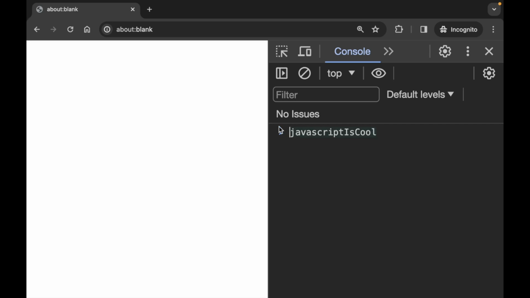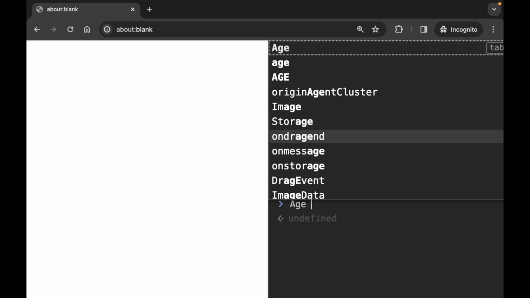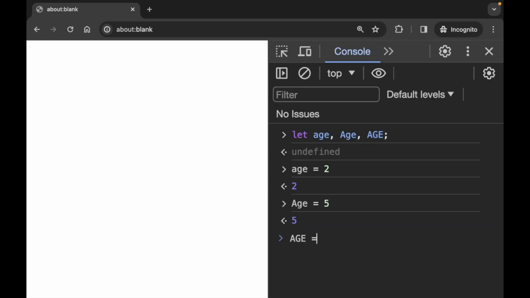Now, another thing that we should know is that age, Age, and AGE, all of these variables are different. Notice here I can let age be defined, and I can set age is equal to 2, Age is equal to 5, and AGE is equal to 23.